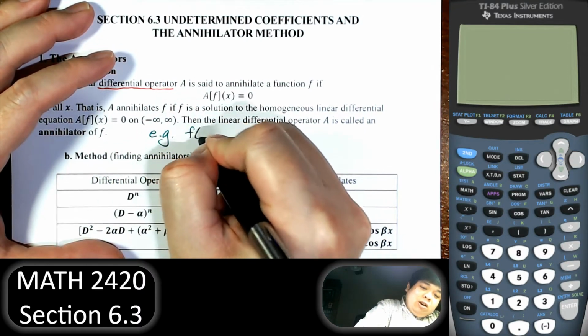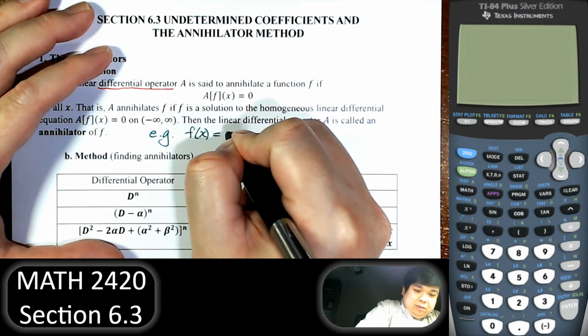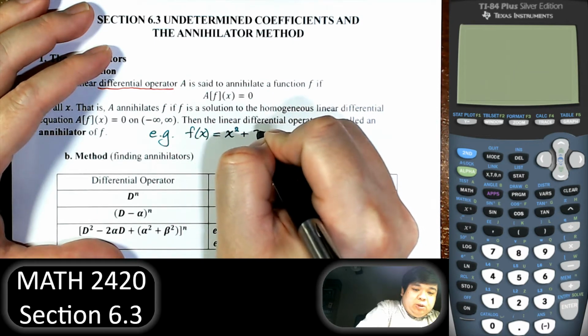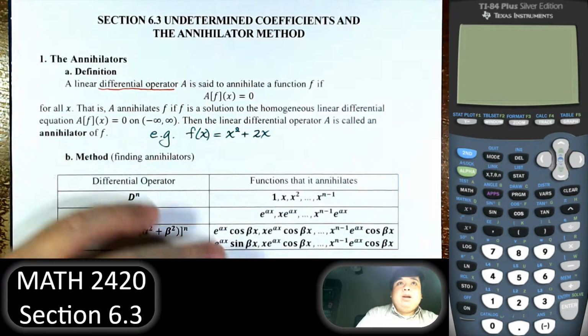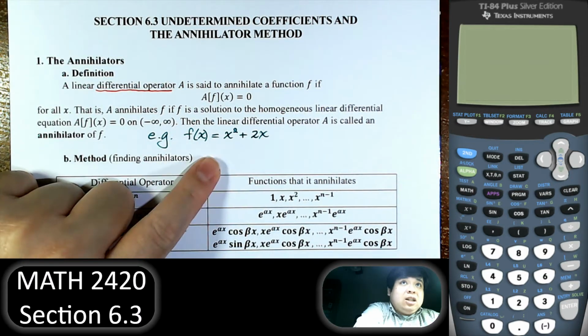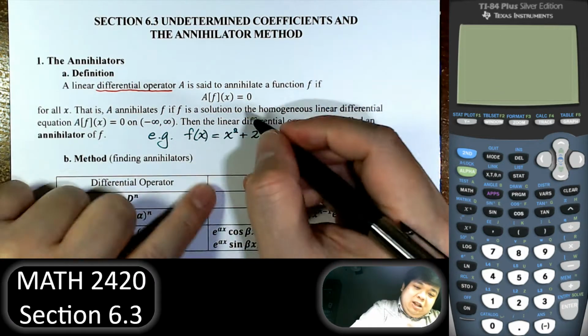Let's say we have the function x squared plus 2x, for example. Now, if we take the derivative 3 times, it's going to be equal to 0, right? Let's just write that.